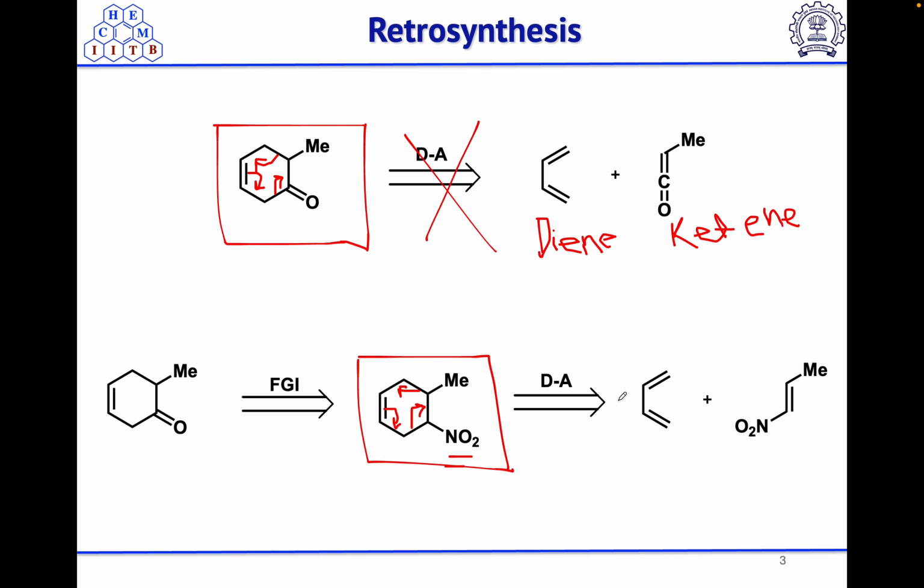So this is the correct pathway, and this dienophile we can call a ketene equivalent, because at the end we can convert the nitro to a carbonyl group. So via the Diels-Alder reaction we can get this molecule, right?